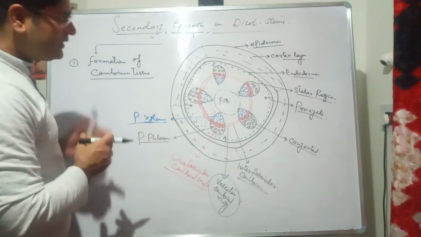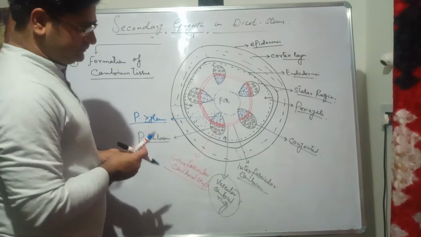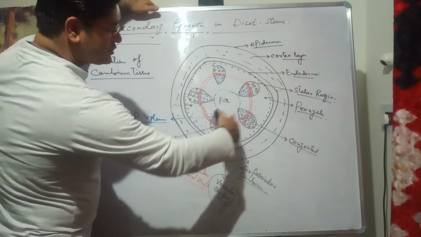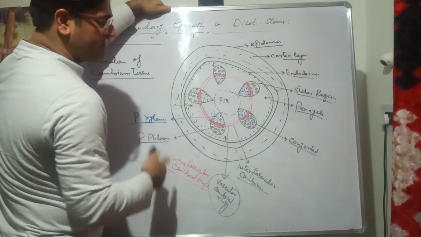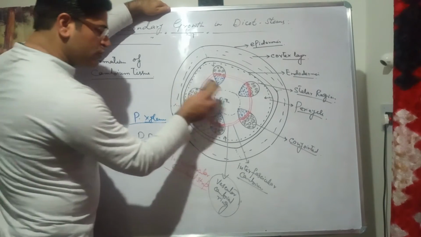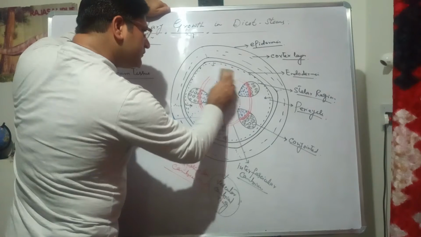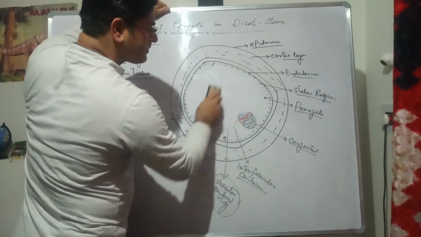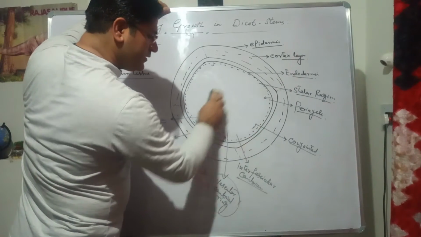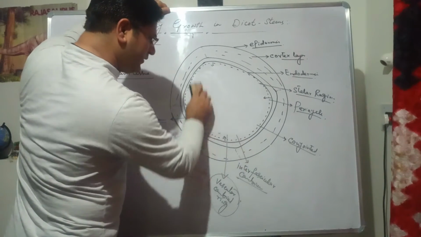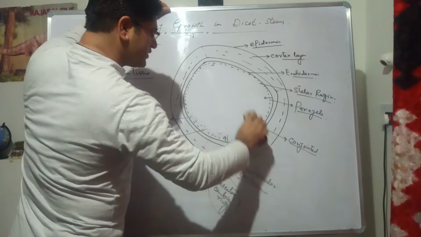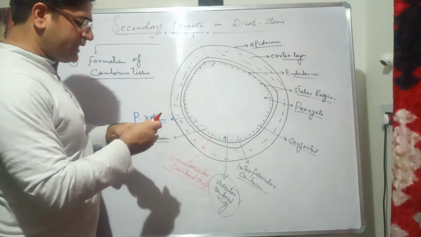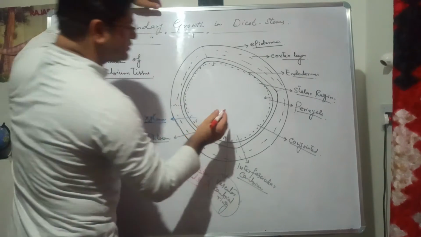Now let me take you through this. Remember, this cambial ring is formed within the vascular bundle. Then what happens after that? I will show you again in a new diagram. Rest of the things will remain the same. So this is the stellar region. Now this is how the cambial ring finally is formed.